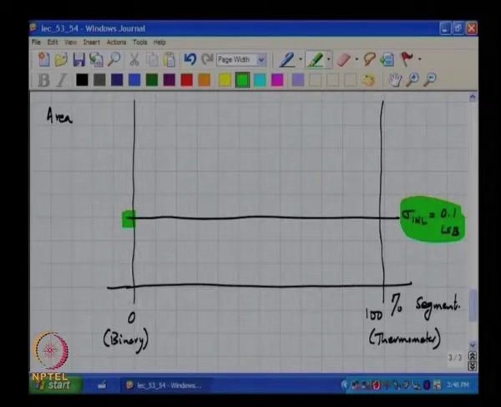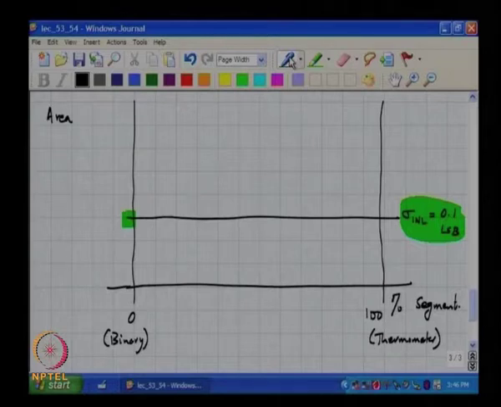Now, if I wanted, for instance, a sigma INL of 0.5 LSB, what should happen to this line? The line should go down or go up? Go down. If I want sigma INL of, what did I say, 0.5, okay, 0.05 LSB is what I meant.